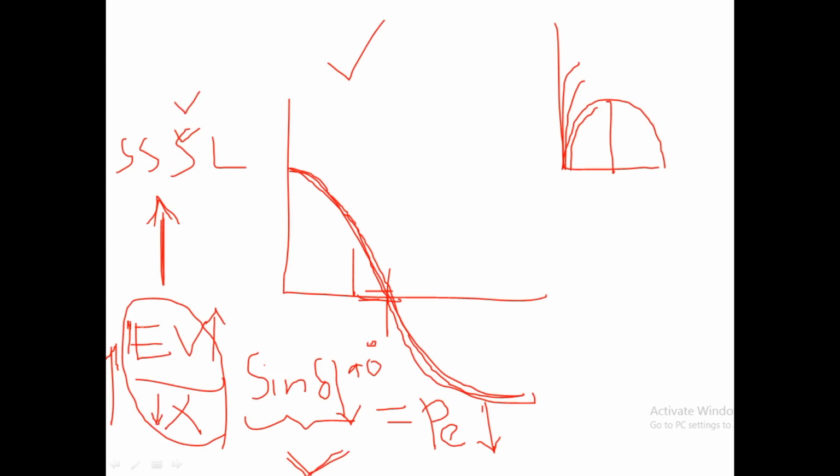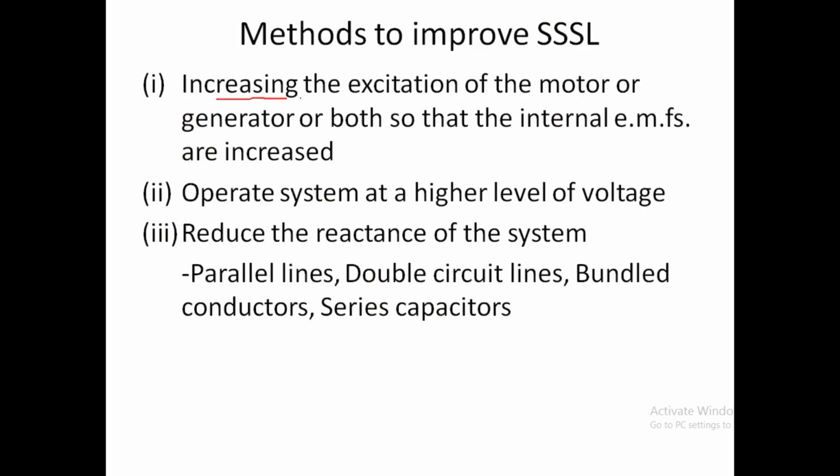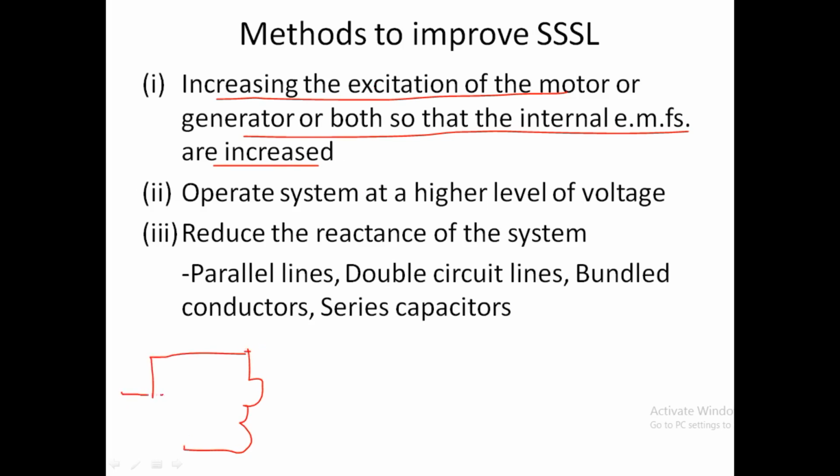So what is E? How can we increase E? By increasing the excitation of the motor or generator or both, so that the internal EMF is increased. How do we increase the excitation of a synchronous machine? Increasing excitation means more DC supply is provided.